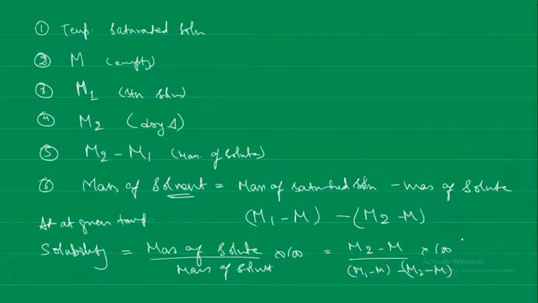Now, for example, let us look at a question in which there are 12 grams of saturated solution of potassium chloride, KCl, at 20 degree centigrade.